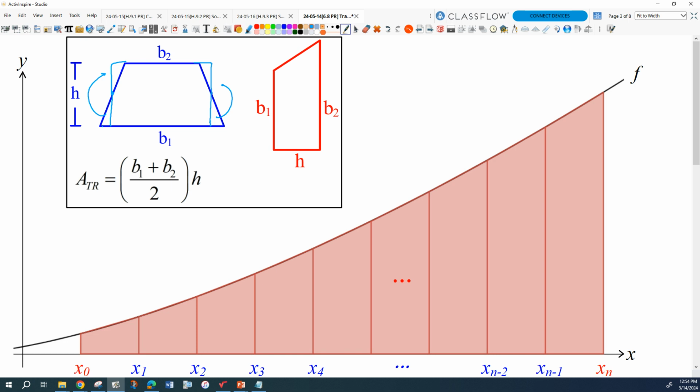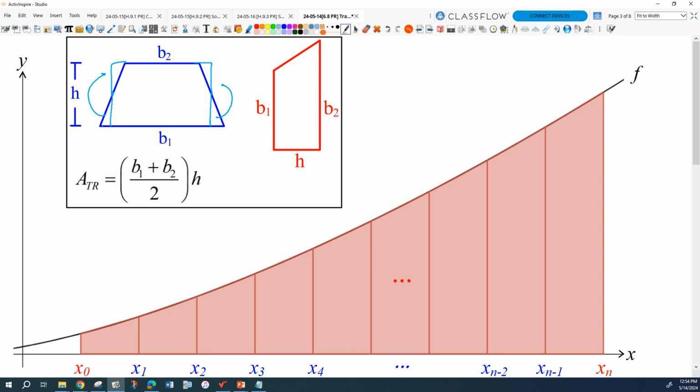The same thing is true if I tip this thing sideways. The area of this vertically aligned trapezoid is going to be the average height times the width of the interval. Then we're just going to sum those up for a whole bunch of trapezoids, and that's going to be our approximation. It's just that simple.